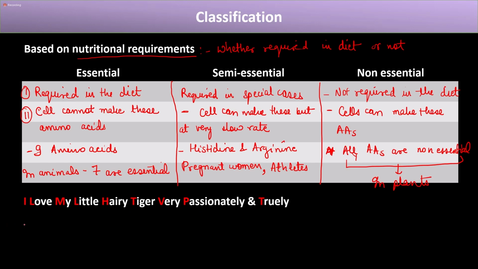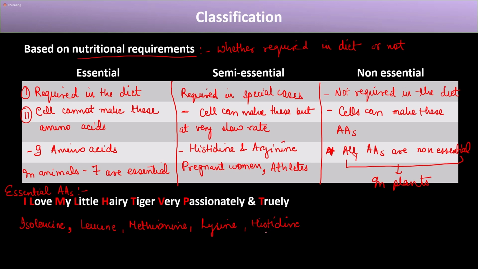Let's write what it means. I stands for isoleucine. Next is leucine, methionine, lysine, and histidine. Now, this histidine, in certain cases you will see it under essential amino acids, but it depends upon the situation.